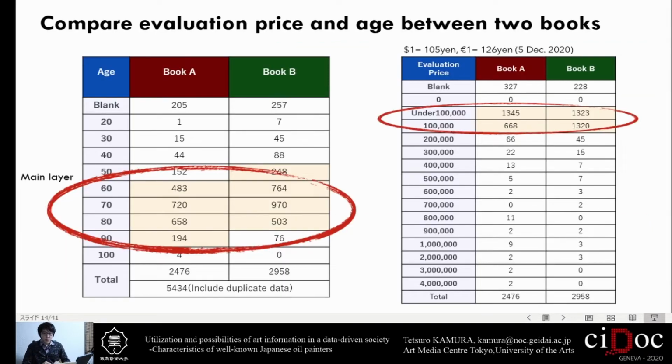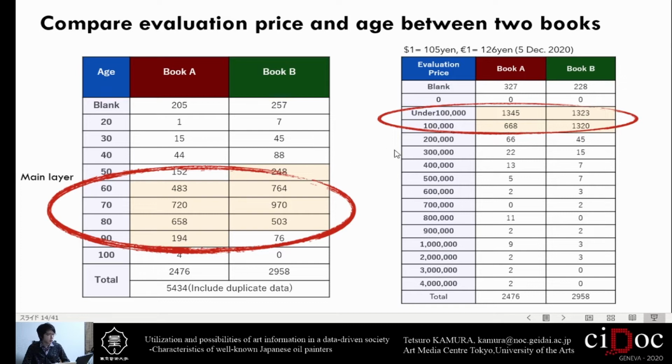Compare evaluation price and age between 2 books. As you can see in the table, the left one describes age groups in the books. You can see there are a lot of older artists, 60 to 90 and 100 years old.